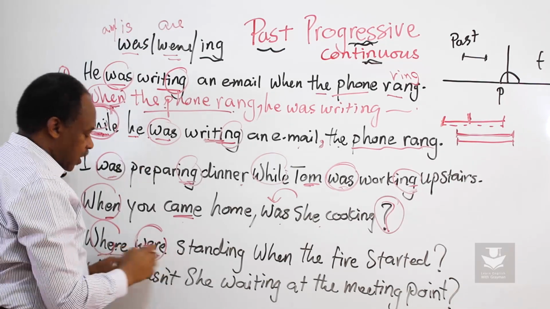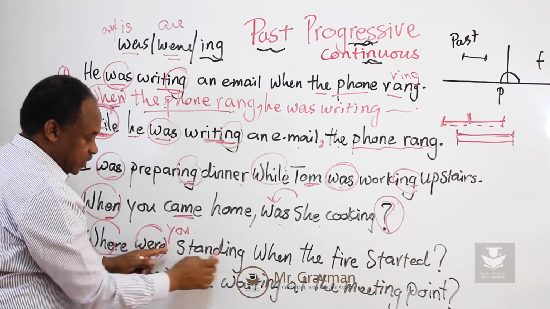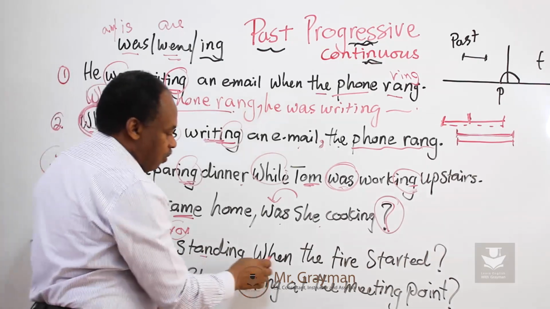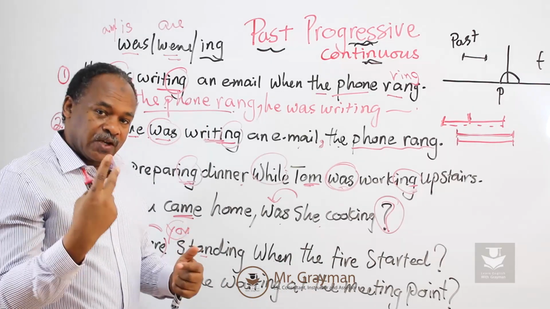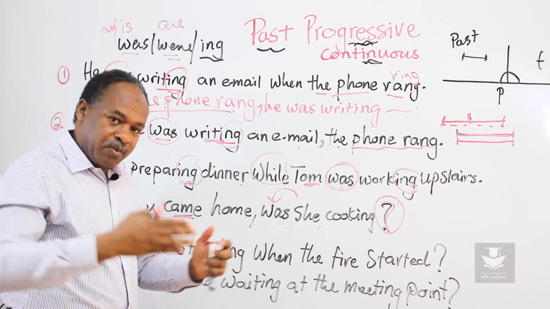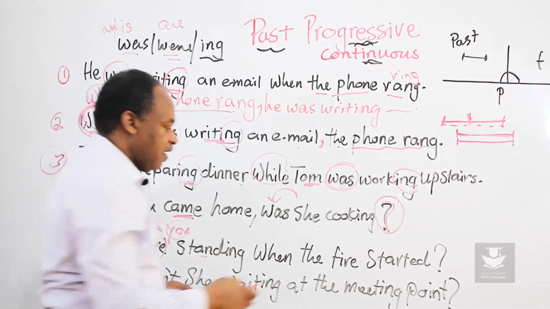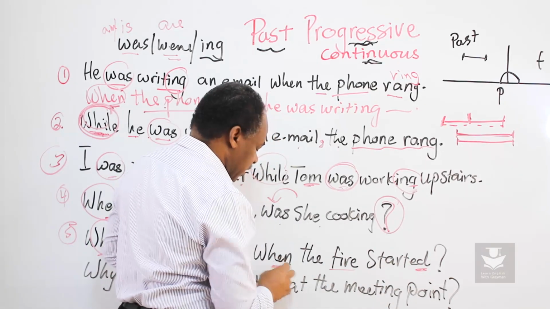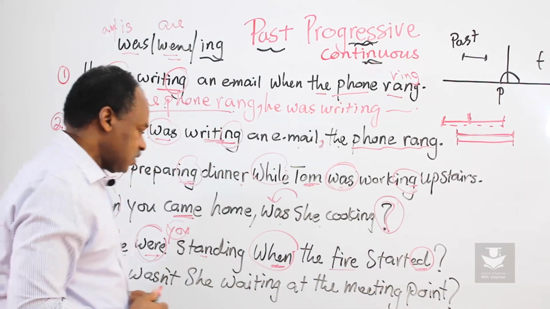Where were you standing when the fire started? So two things. The first one, where were you standing? So that was happening for a while. While you were standing there, something happened. The fire started. So this is, when the fire, this is connected with started, past. Okay?